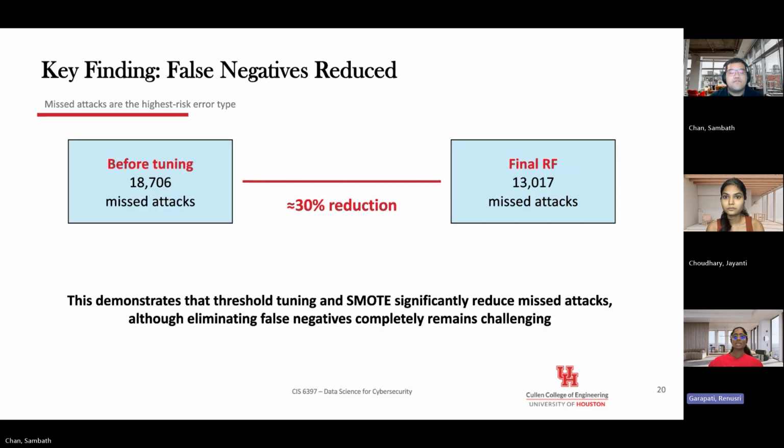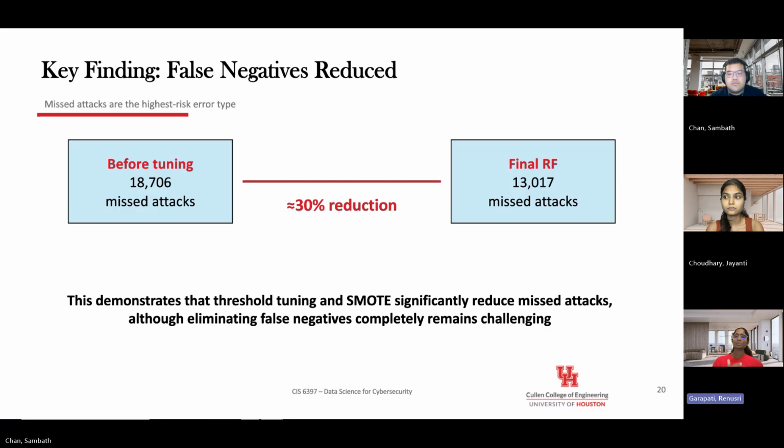As part of our evaluation, we specifically focused on how threshold values affect missed attacks. False negatives are the most critical errors. These are attacks that go completely undetected. By applying SMOTE in pre-processing and lowering the threshold value from 0.2 and 0.5 to 0.35, we reduce false negatives by almost around 5,000.